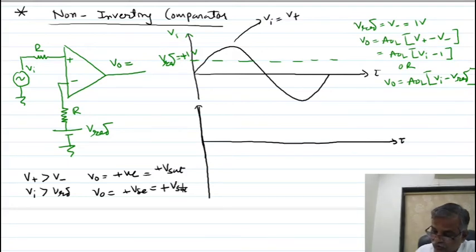So you can see, during this time, this Vi is more than this reference voltage. So I am making a line.